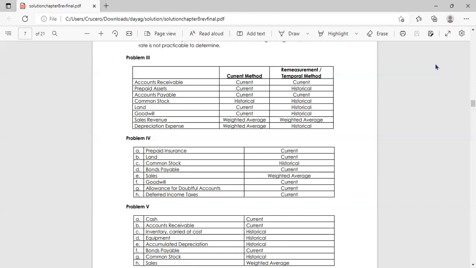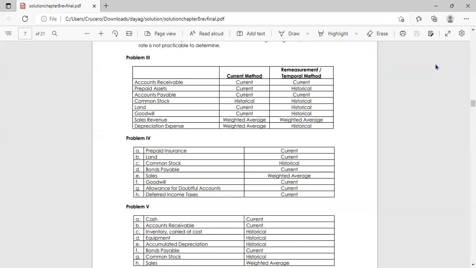Sales using the average, then goodwill, allowance for doubtful accounts, and deferred income taxes, still part of the non-monetary items, but we have to record this by using the current rate. And you have your allowance for doubtful accounts that's related to accounts receivable being monetary, but still we use the current or the closing rate for F, G, and H.